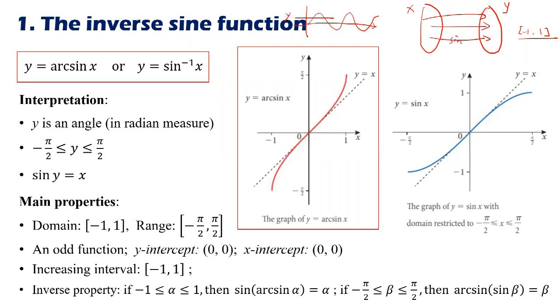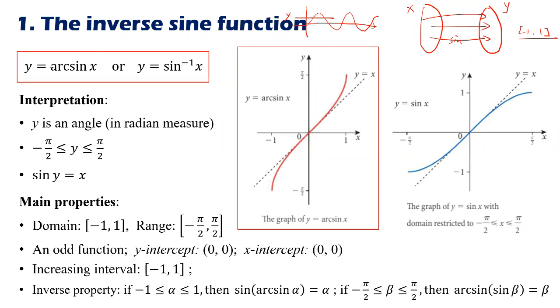So we restrict this to minus half pi to half pi. In minus half pi to half pi, for any given sine value, there is only one possible angle that corresponds to that sine value, right?